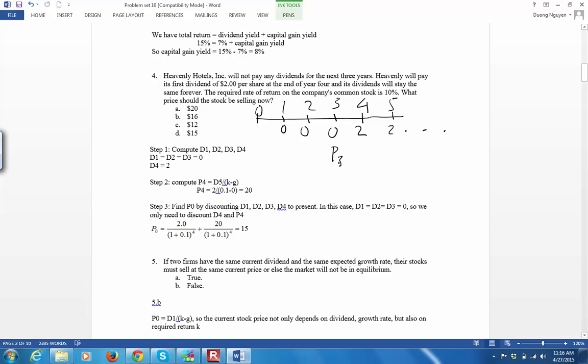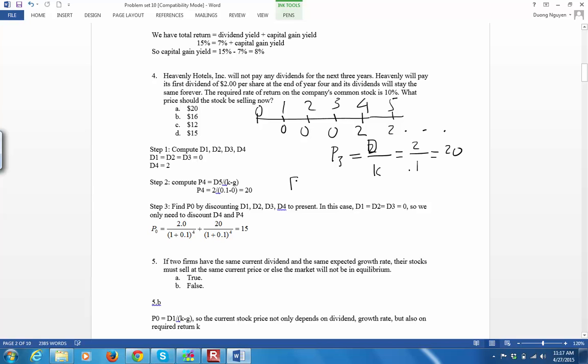Because it's a perpetuity, the price in year 3 is simply equal to D over K, where D is $2 and K is 0.1. So this is $20. The price in year 3 is $20.